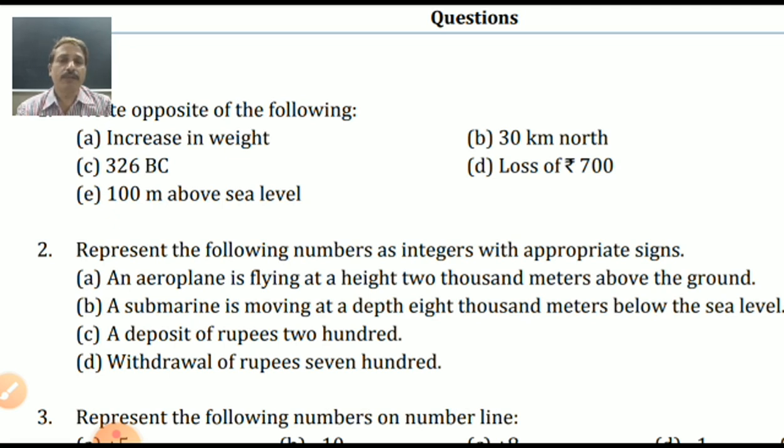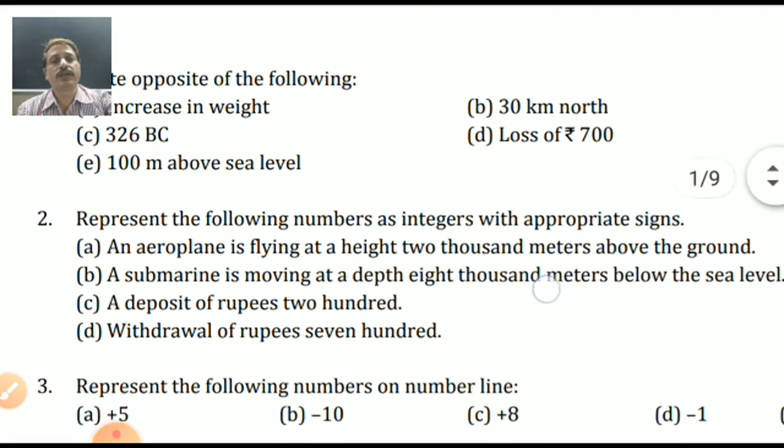Deposit means we can keep the money in the bank, in our account, and afterwards the bank will give us an interest. Whenever we need money, we can take out money from the bank. It's called the withdrawal. Yes, my dear students, that was the answer here. Withdrawal of rupees 700. So addition, when we are keeping something in our piggy bank, that is an addition, plus. We are taking out, that means a minus. Yes, my dear students, it is so easy.